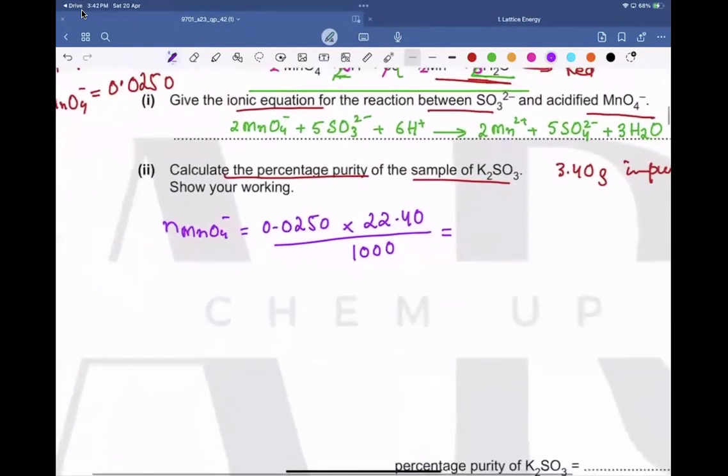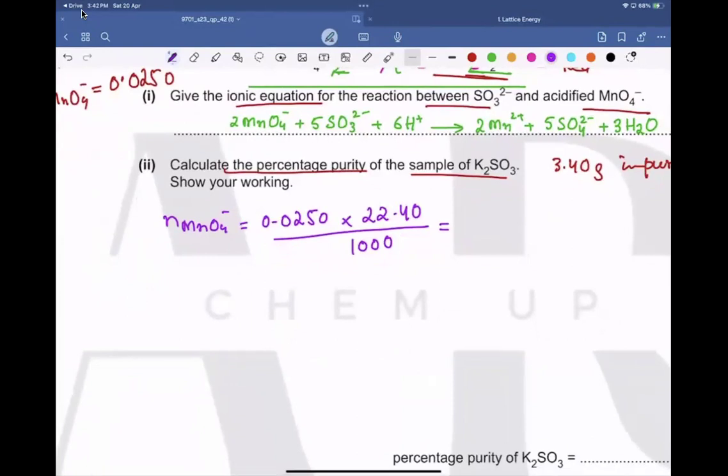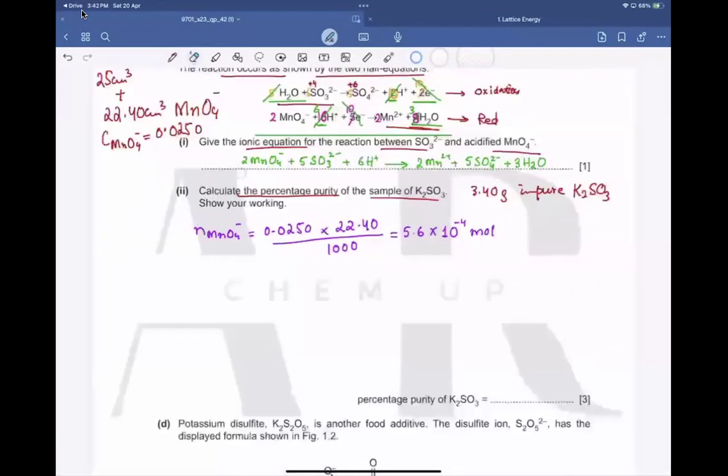Okay, Ahmed, thank you. The number of moles which I have found over here is 5.6 exponent minus 4. So these are the moles of permanganate. Now, from these moles, I have a balanced equation and I have the ratio, so I can calculate the moles of sulfite ions, right?